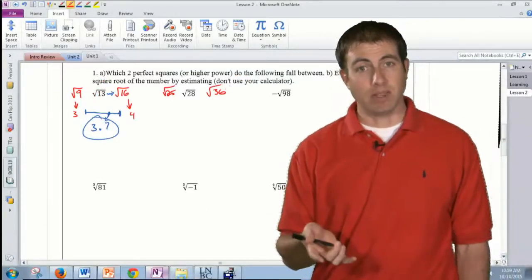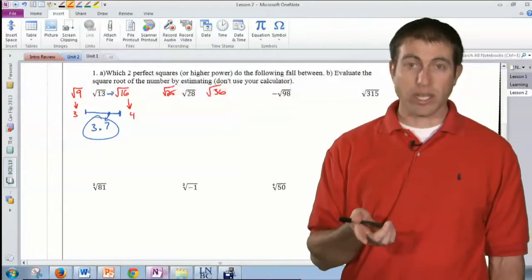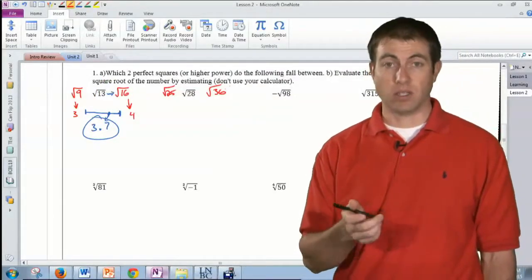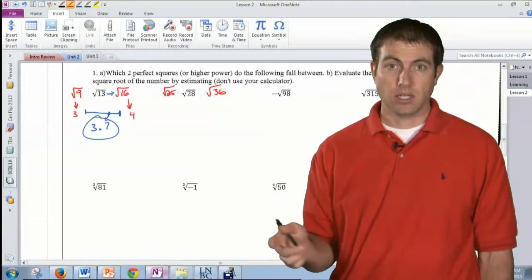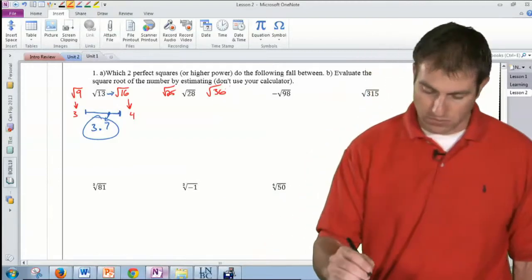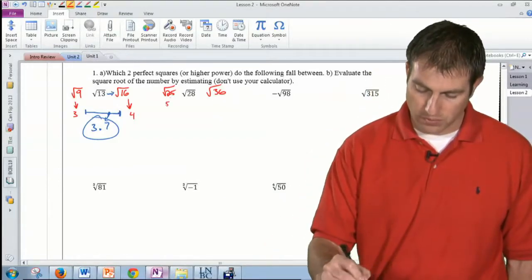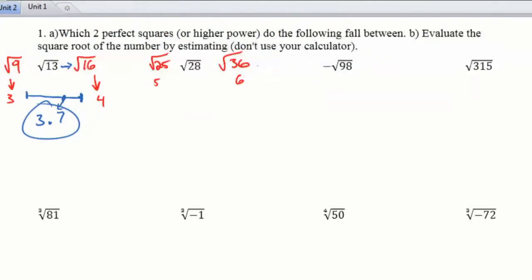If we had to estimate that, I'd say that 28 is really close to 25. It's a long way away from 36. So it's probably going to be really close to 5, because I know the square root of 25 is 5, and 36 is 6. So where is it going to land in there? If I were to guess, I'd say probably 5 point maybe 1 or 2.